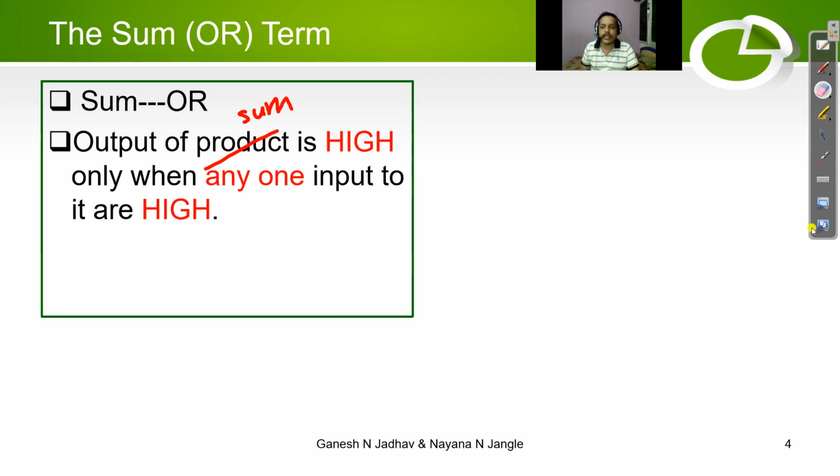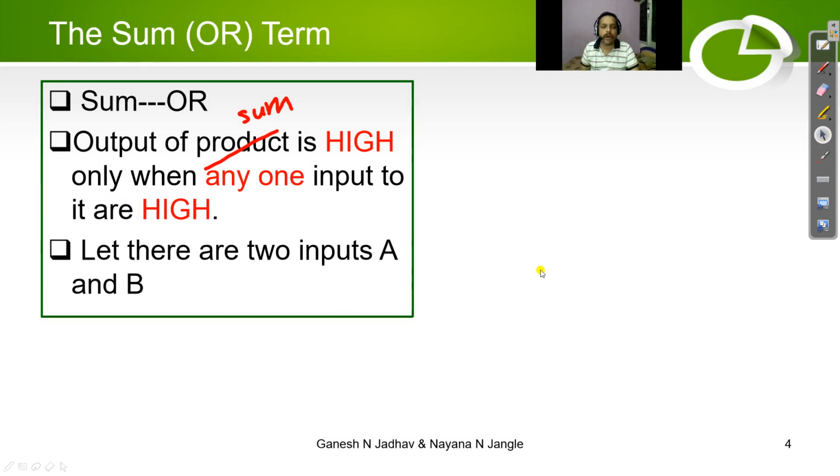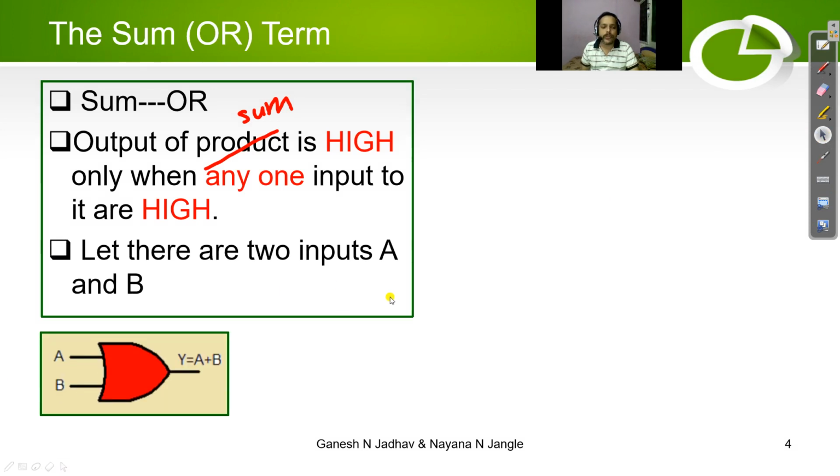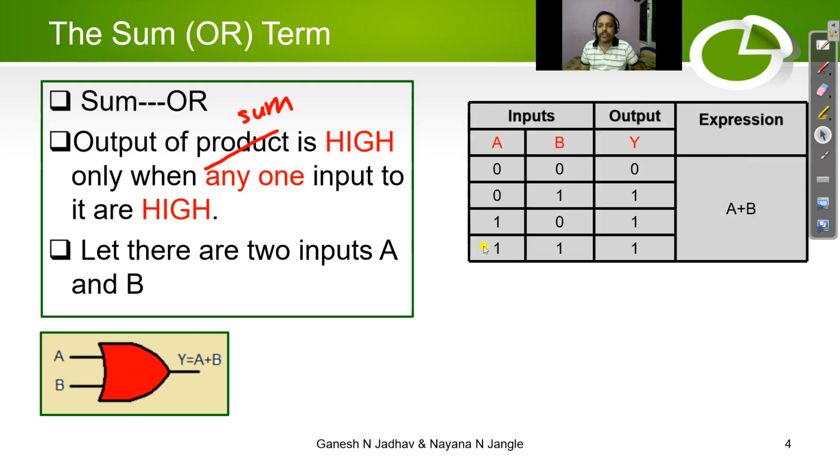Let's understand how it is implemented and how equations will be written for the ORing operation. Let there be two inputs, A and B. The inputs to the OR gate are A and B, and the output will be equal to A plus B. There are two inputs, so how to recognize the combinations? 2 raised to 2 gives you 4, so the total combinations are 4. 0 plus 0 is 0, 0 plus 1 is 1, 1 plus 0 is 1, 1 plus 1 gives output 1.